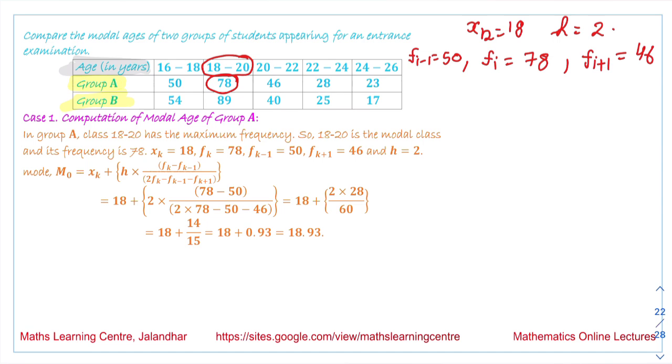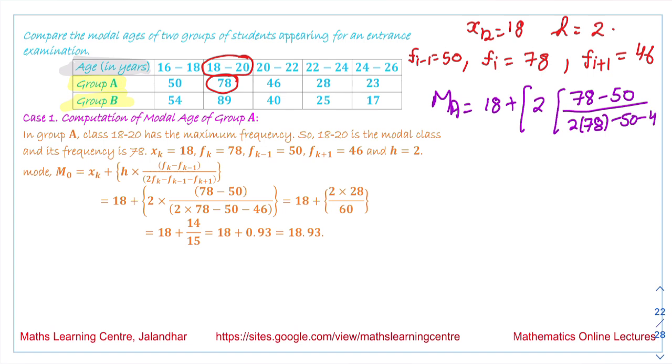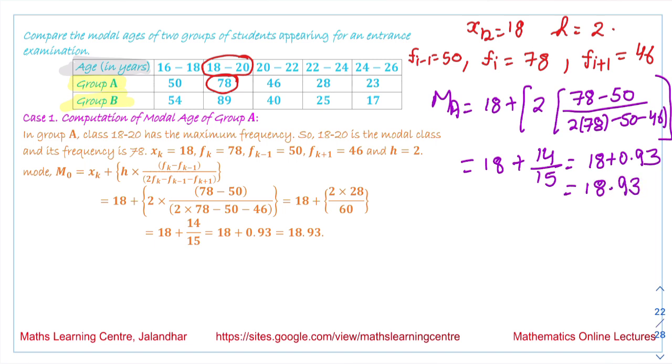So for group A, the mode is equal to 18 plus 2 into 78 minus 50 over 2 times 78 minus 50 minus 46. That is equal to 18 plus 14 by 15, that is 18 plus 0.93, which is equal to 18.93.